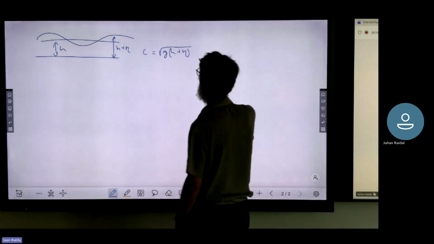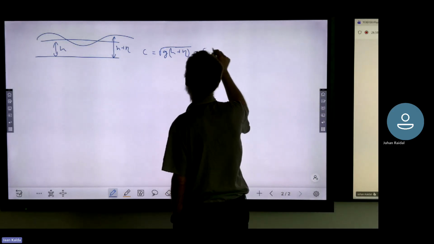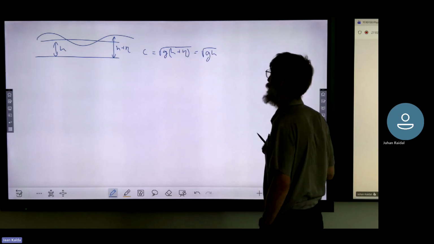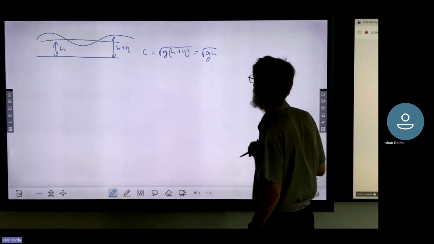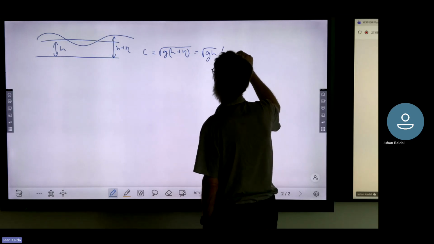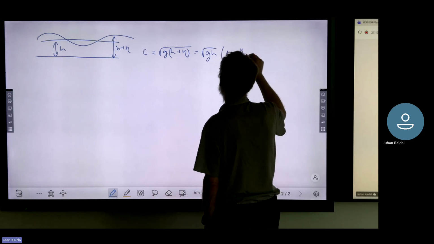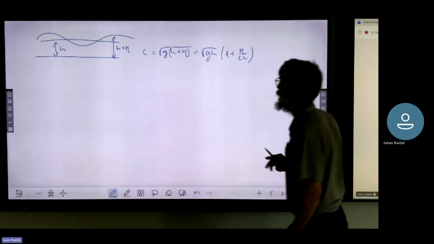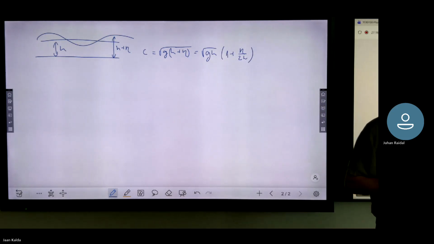So that would become the square root of gh multiplied by 1 plus eta divided by 2h, if we take the Taylor expansion of it.